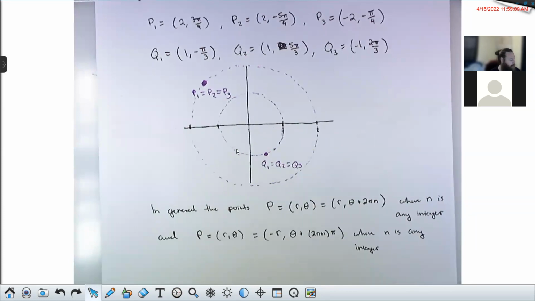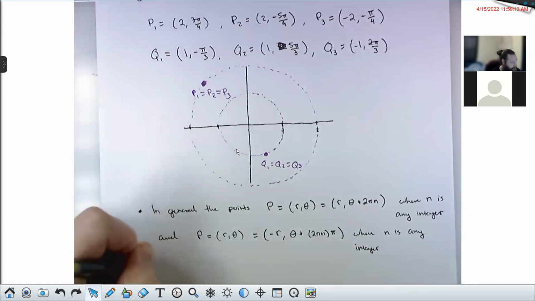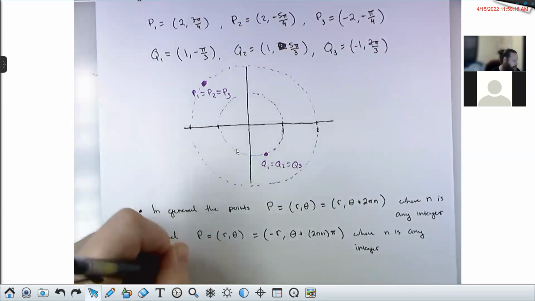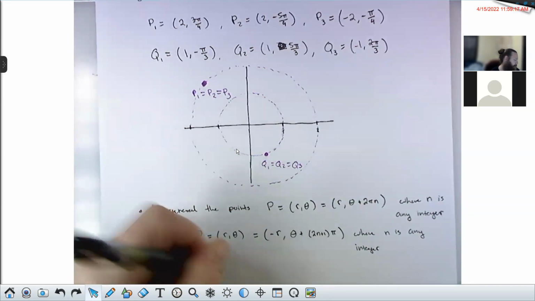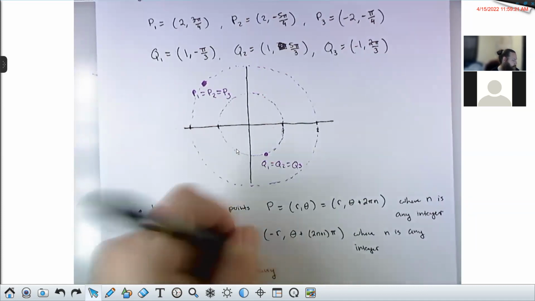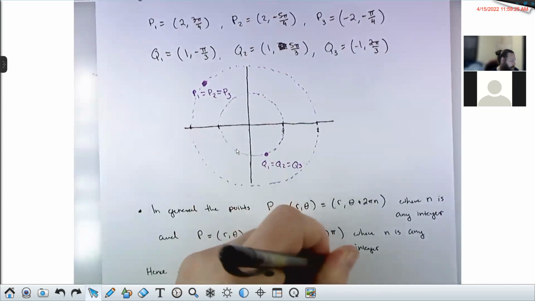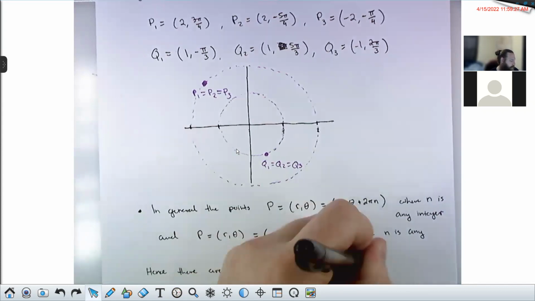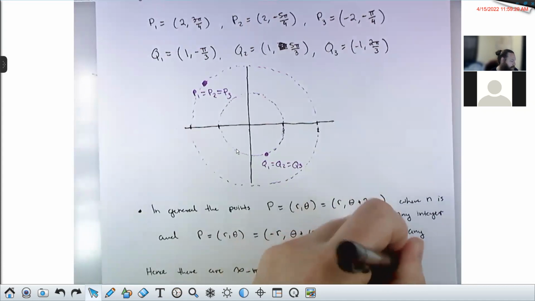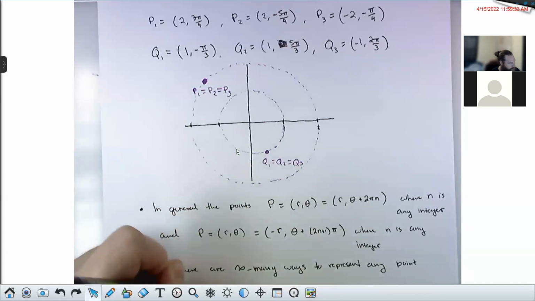So there's infinitely many ways to represent any point in polar coordinates.